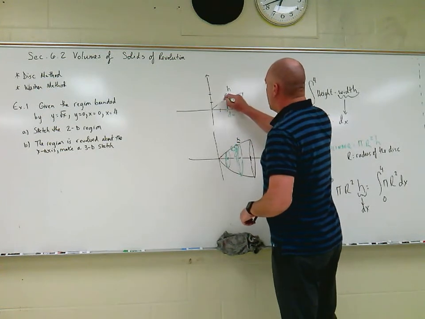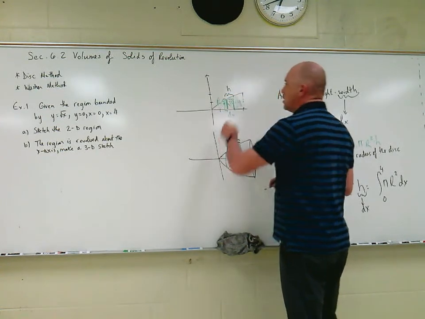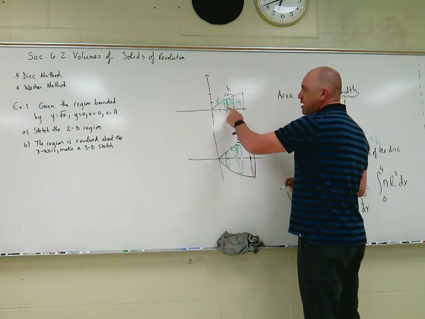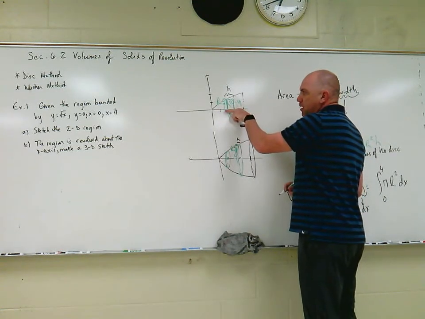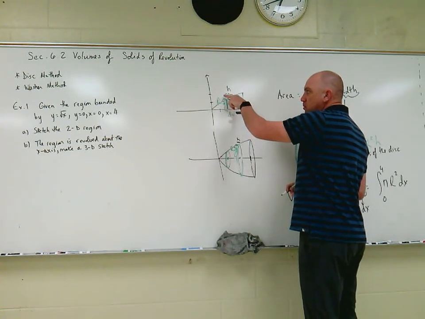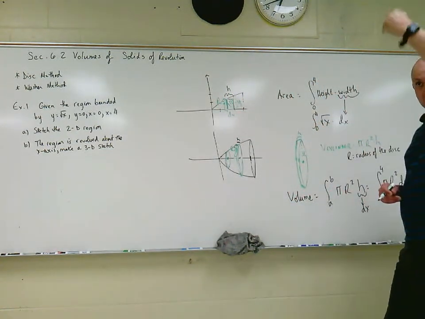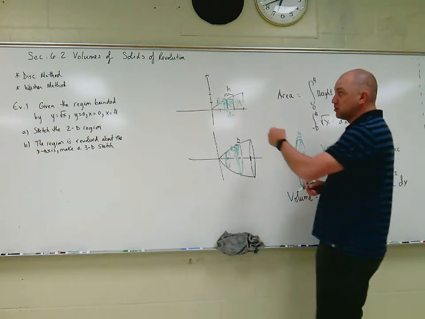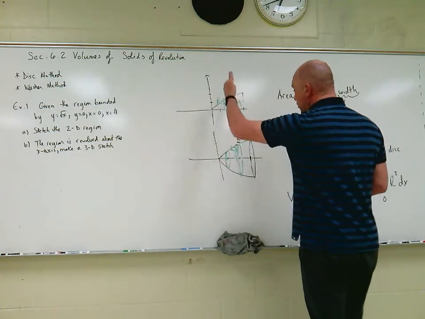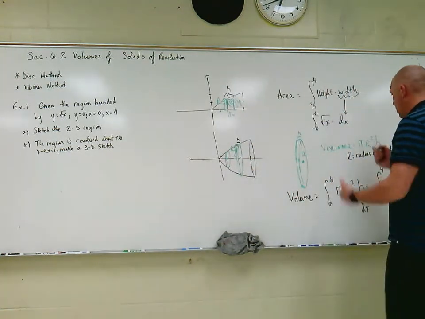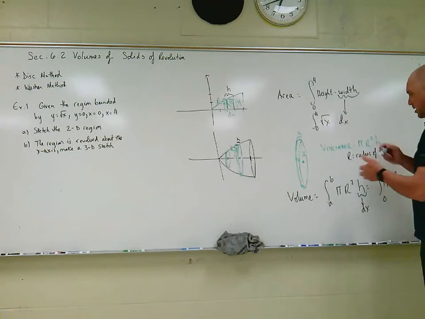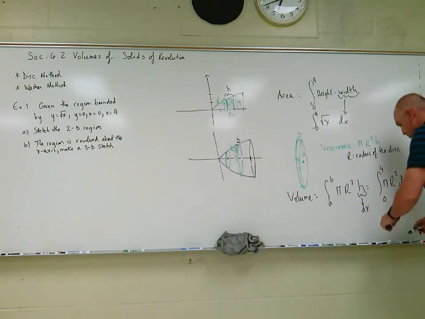Here, I'll show you how I can use the 2D sketch. My radius is always measured from the axis of revolution to the furthest point, to where the rectangle touches. It always goes from the axis of revolution to the furthest part of the rectangle. So I like to put how it's measured.